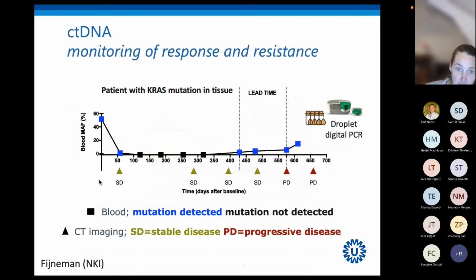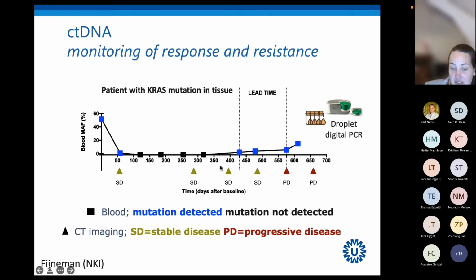This is an example of our own group where we monitor RAS mutations in the blood of patients treated with chemotherapy. So what you can see is before start, quite a high level of RAS mutation was found in the circulating tumor DNA. This decreases when the patients responded to chemotherapy. So it was stable disease and it was undetectable for quite some time.